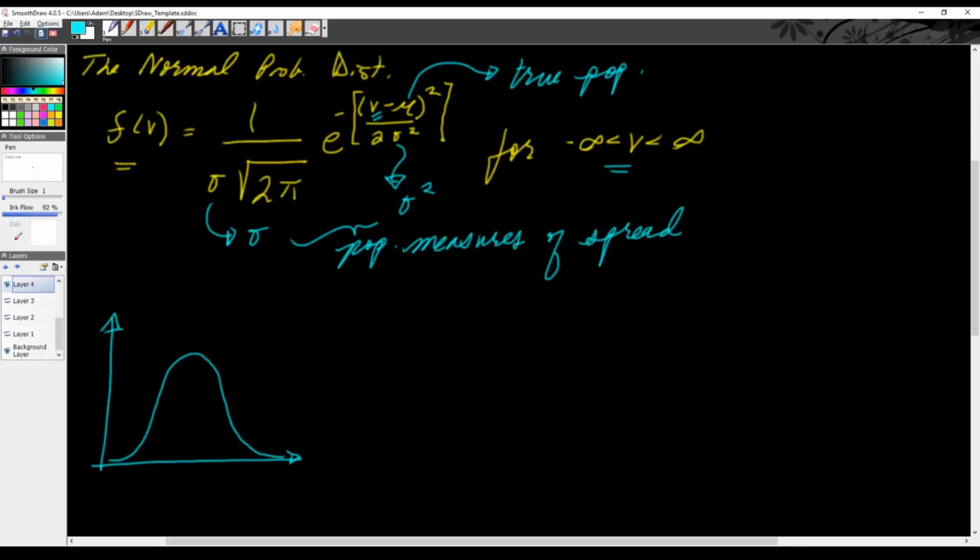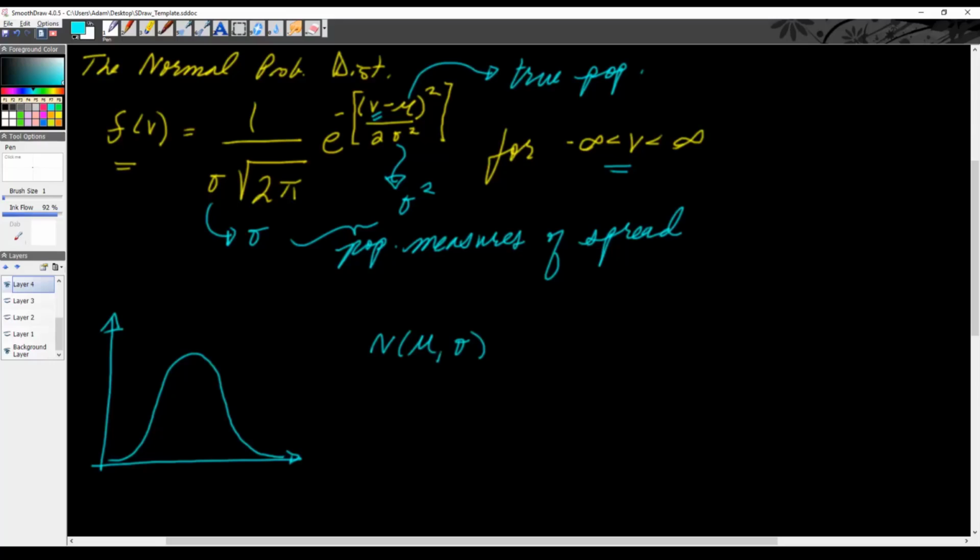So if a population is distributed according to a normal distribution, we say that that variable is normally distributed with mean mu and standard deviation sigma. The normal probability distribution is denoted by N, mu, and sigma.